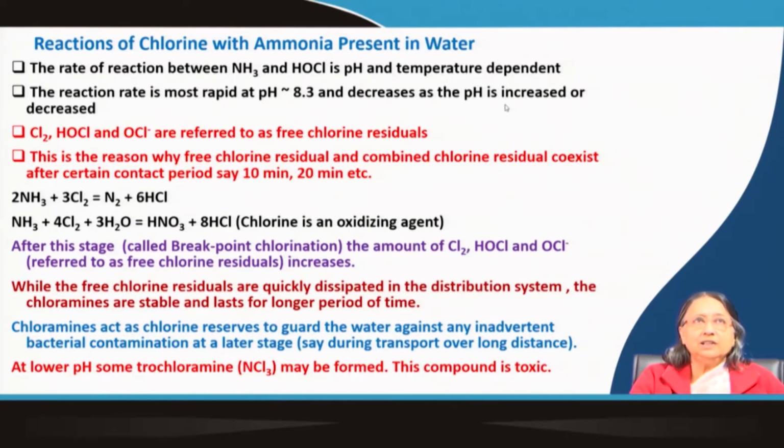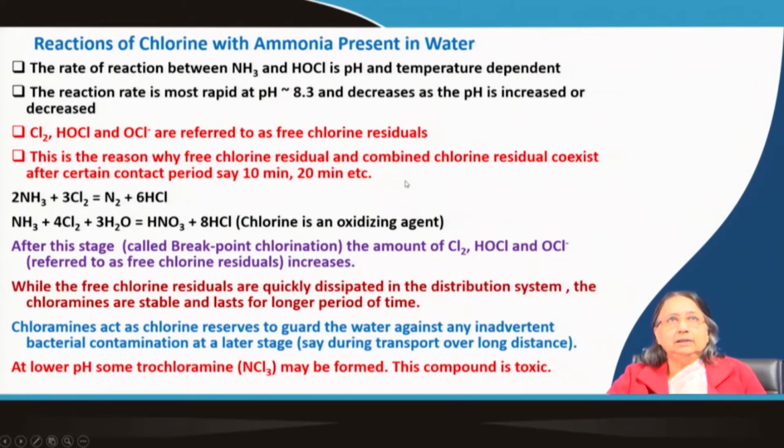Now, chlorine, HOCl and OCl minus are called free chlorine residuals. This is the reason why free chlorine residual and combined chlorine residual coexist after a certain contact period, say 10 minutes or 20 minutes. If you allow the chlorine to react for some time, and if ammonia is present, which is very common, then you will see that some chloramines have been formed and also some free chlorine is there.